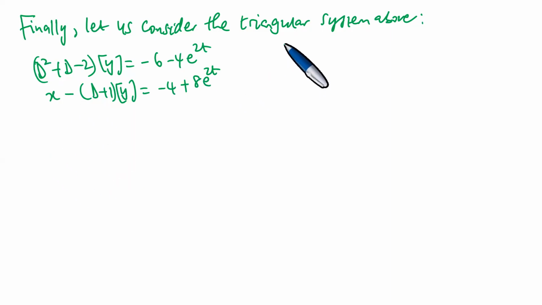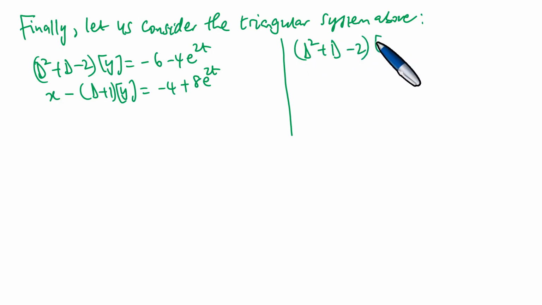Okay, let me write this one, and on the other side I'm going to write the other one we got, where the D operator operates on x. So this is when it operates on y, and then there's this other one where it operates on x, so it is D squared. I just want to discuss the degeneracy in view of the triangular systems being mathematically equivalent to the former system. It's just that the system has been transformed to a triangular system.